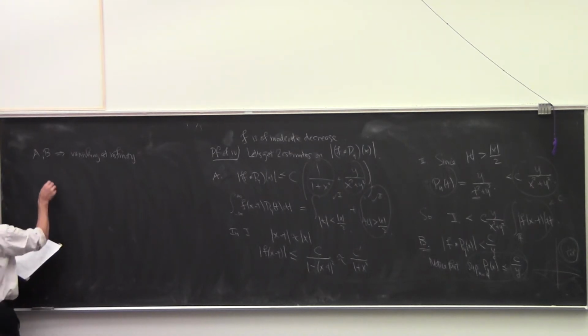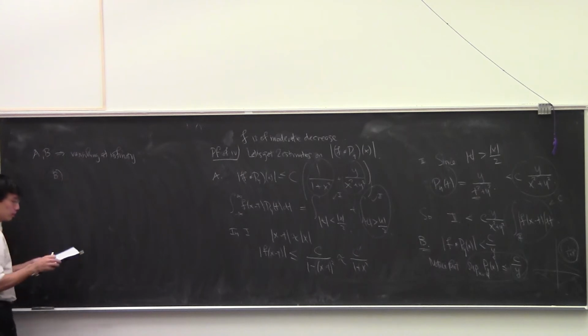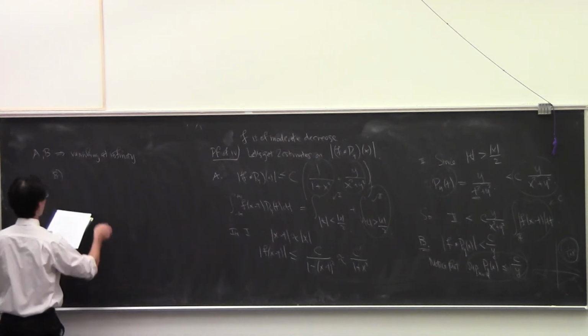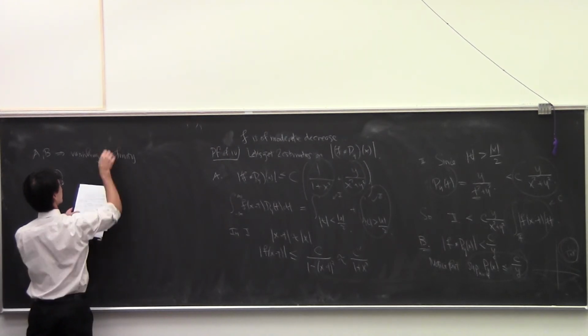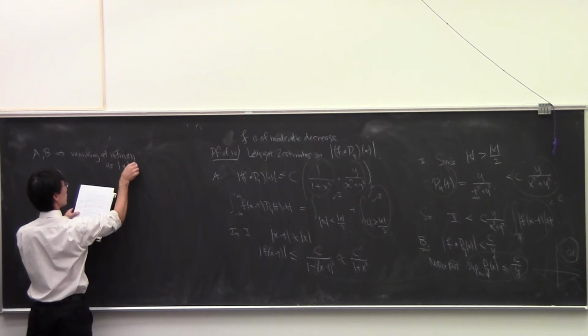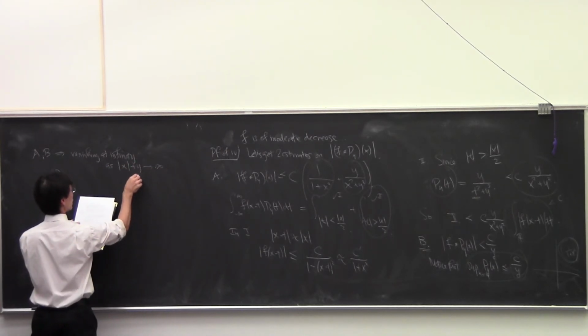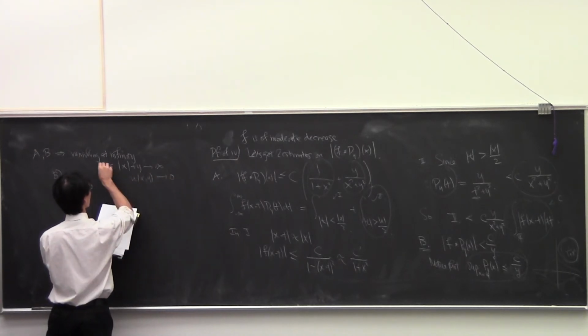Okay, so first, let's use B. So remember, we have a particular kind of vanishing at infinity, right? As x plus y goes to infinity, we want to show that u of x, y goes to 0.